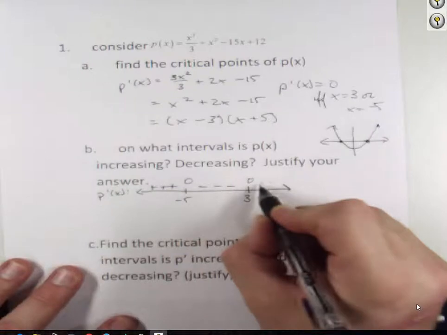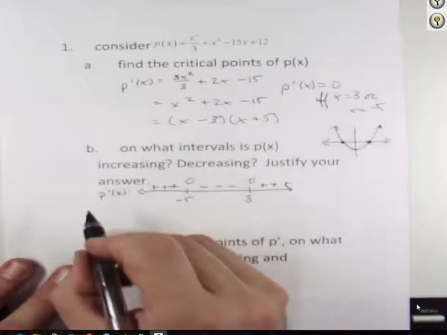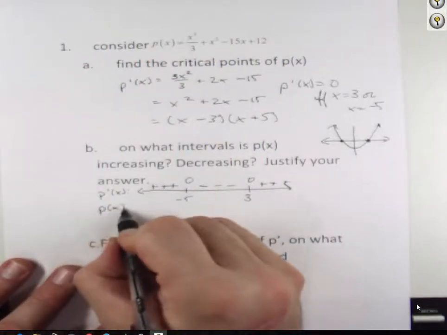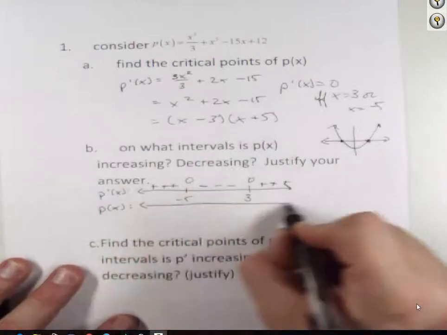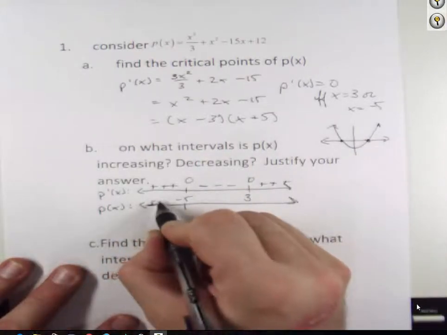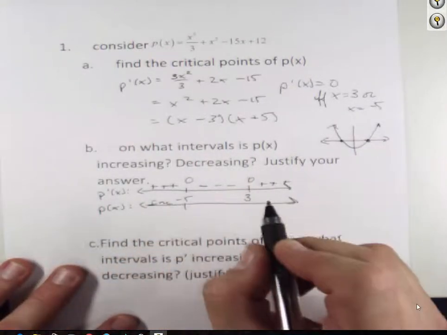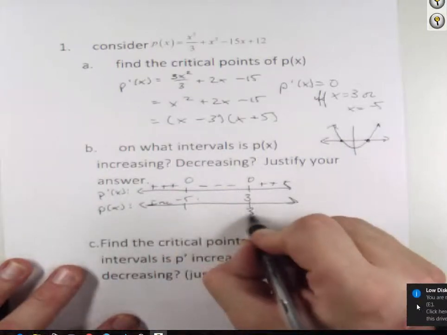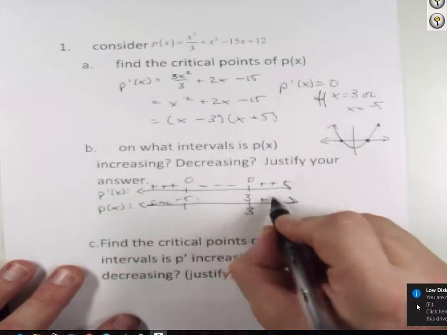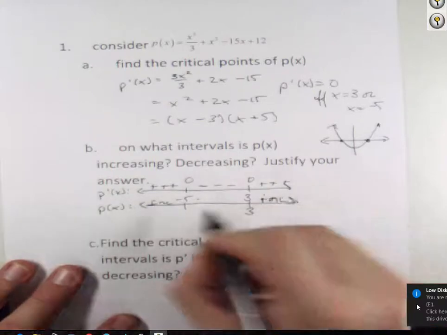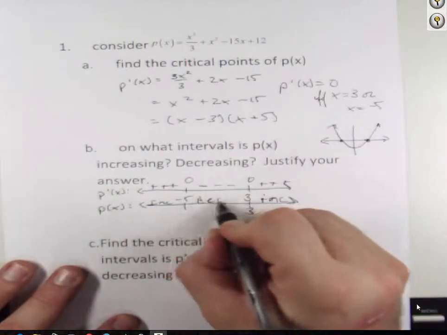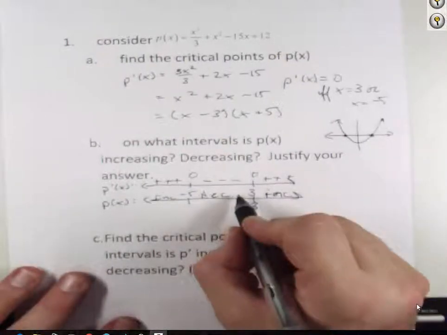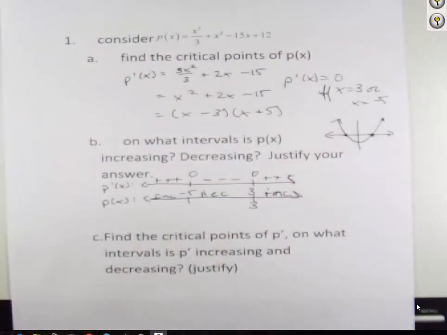So assigning the signs from the little graph, what's P of x doing? It's increasing on the open interval from negative infinity to negative 5, or from 3 to positive infinity. And it's decreasing on the open interval from minus 5 to 3.